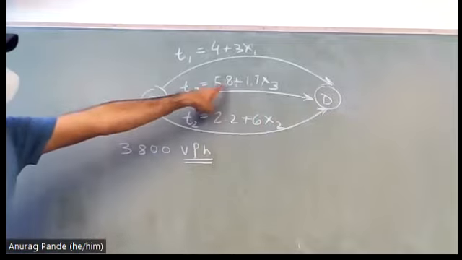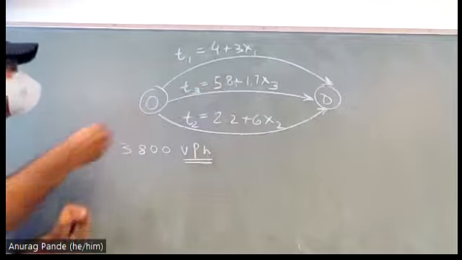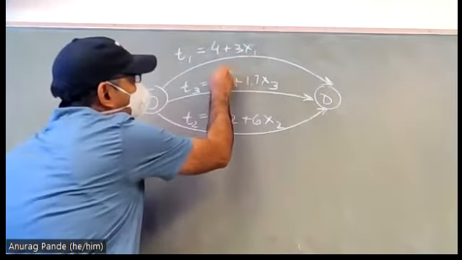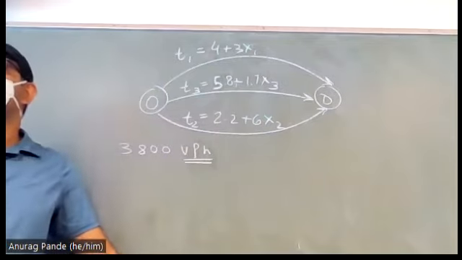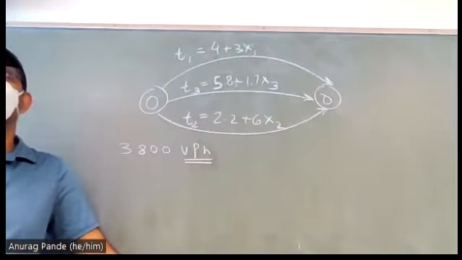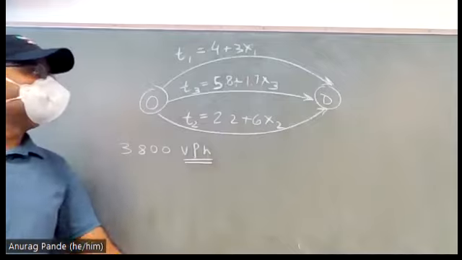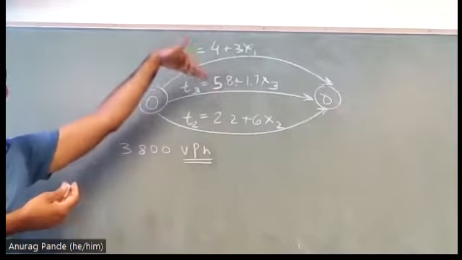This was 5.8, right? Okay. So now that the problem has become a 3-route problem, how do we go about doing that?